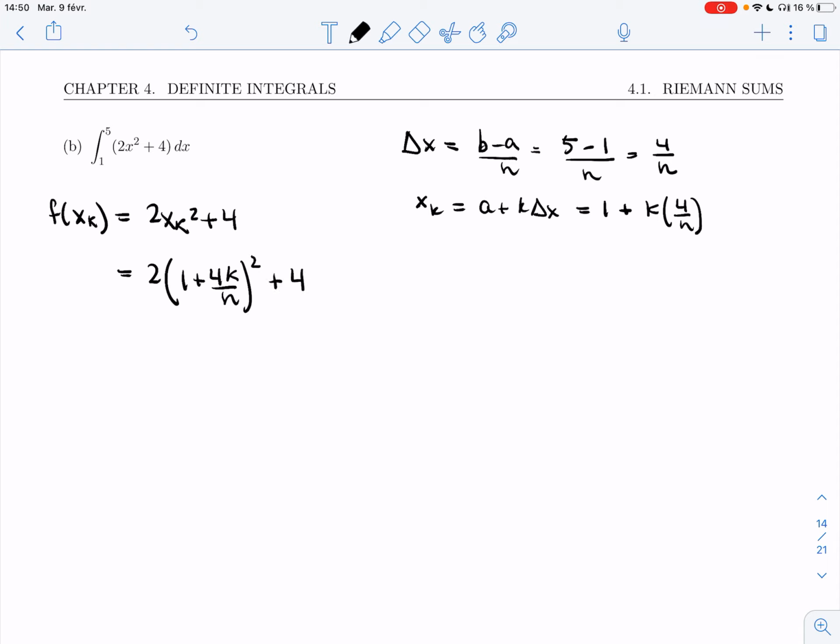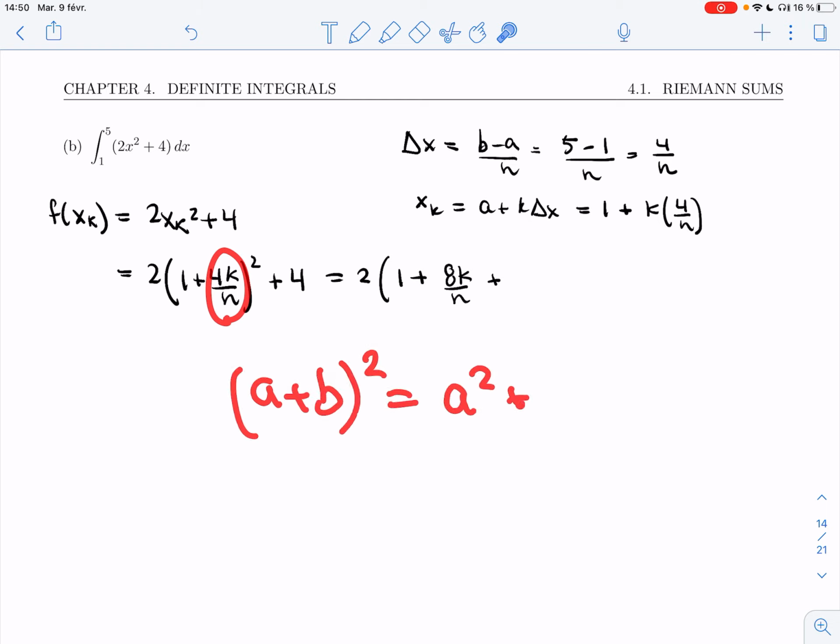All right, so I'm going to need to expand the 1 plus 4k over n. I'm going to expand it so that I really can simplify the sum neatly into sum of k, sum of k squared, sum of 1, and so on. So here I'm going to get 1 plus 8k over n plus, and then I square this part. It's always the same formula: a plus b squared is a squared plus 2ab plus b squared.